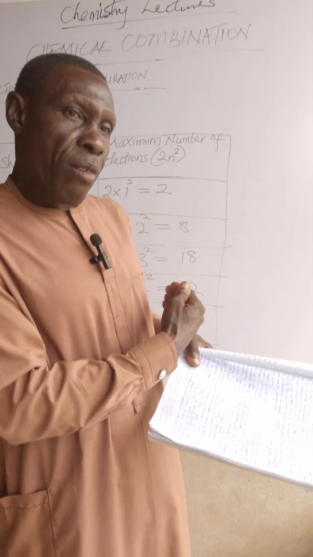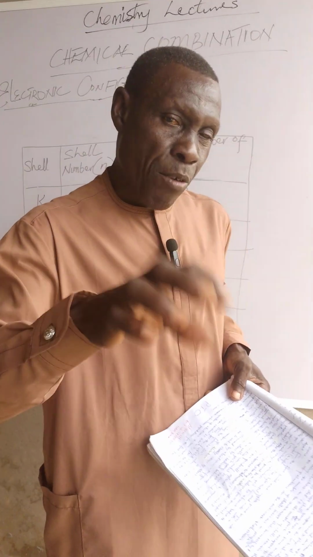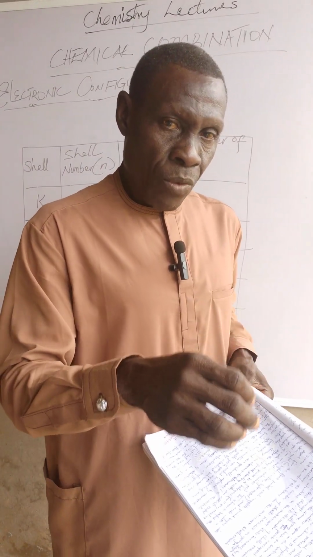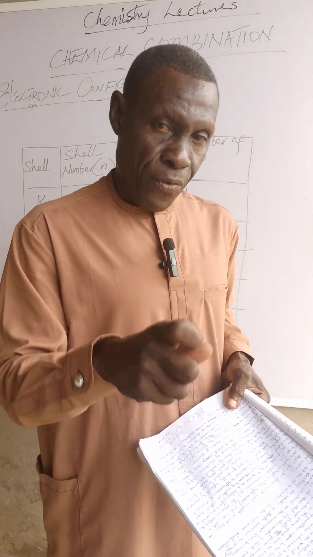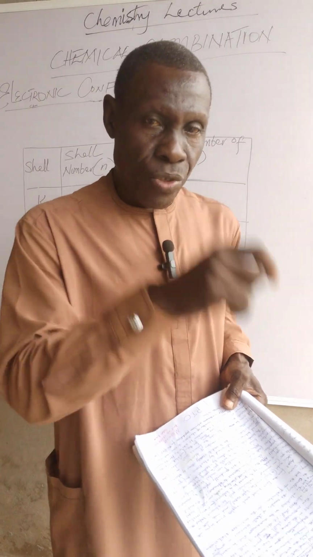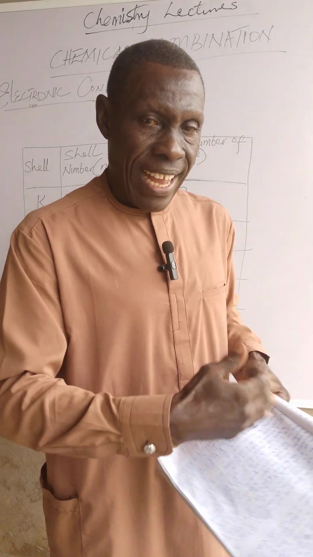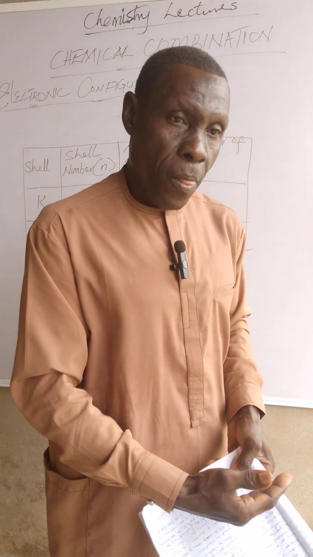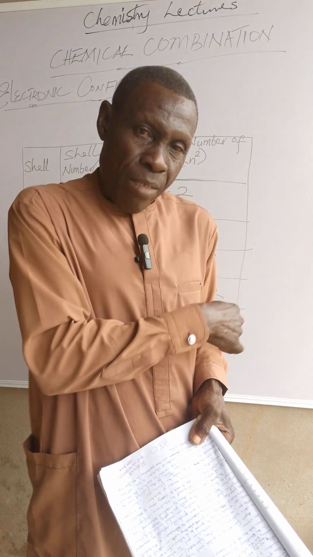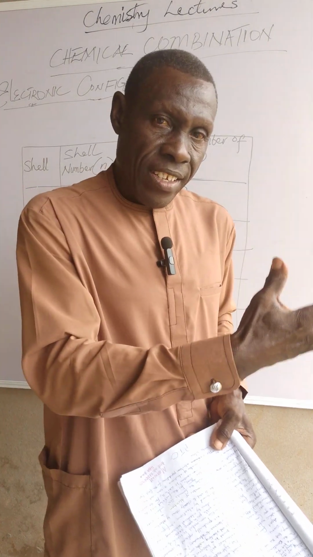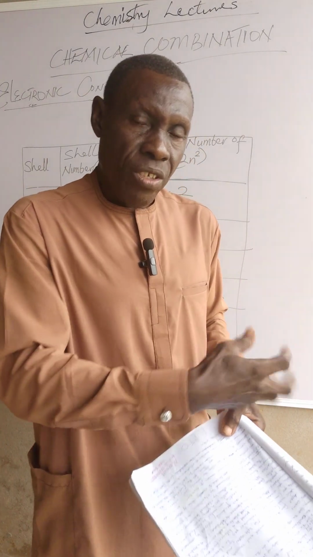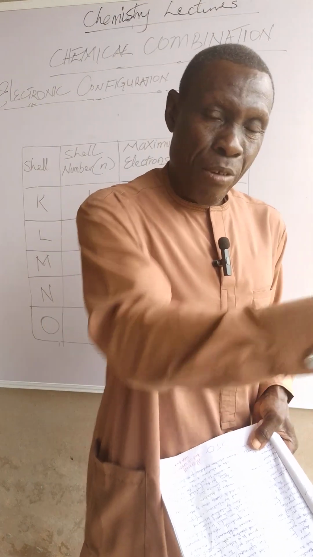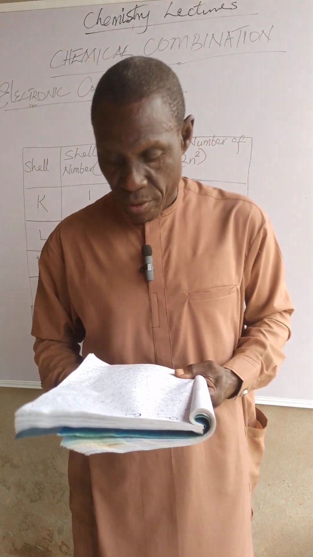As we are going from group 1, the metallic property of the element will begin to gradually fade. Groups 1, 2, 3, basically, these are metals and they are reactive. The moment you enter group 4, the metallic property begins to fade and the element now becomes what? A non-metallic property that way.